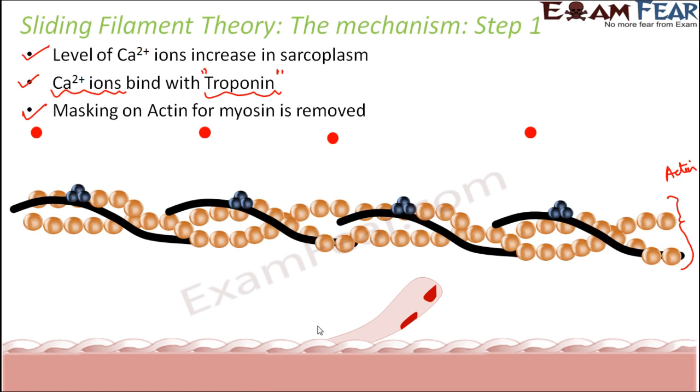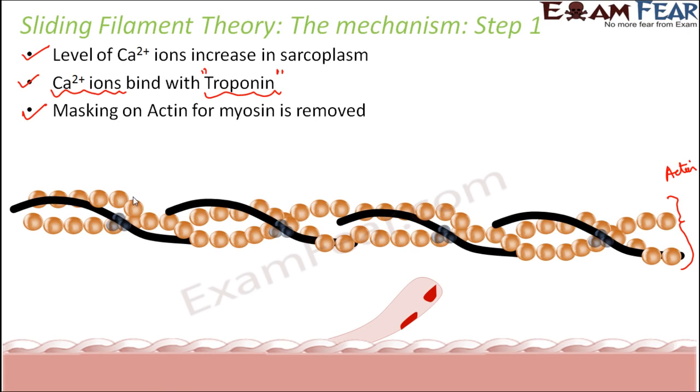Now when the concentration of calcium ions increases, these calcium ions bind with the troponin. As a result, troponin changes its structure, the chemical structure changes, and the troponin also moves to some other location. As a result, the masking is removed.